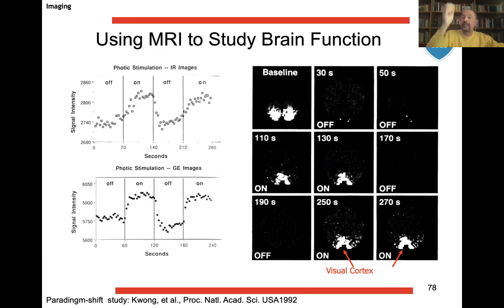For the first time, they were able to show, using photo stimulation, the activation of the visual cortex. You see here, this is the visual cortex. You see the deep activation of the visual cortex when you have exposure to light, using this BOLD sequence.